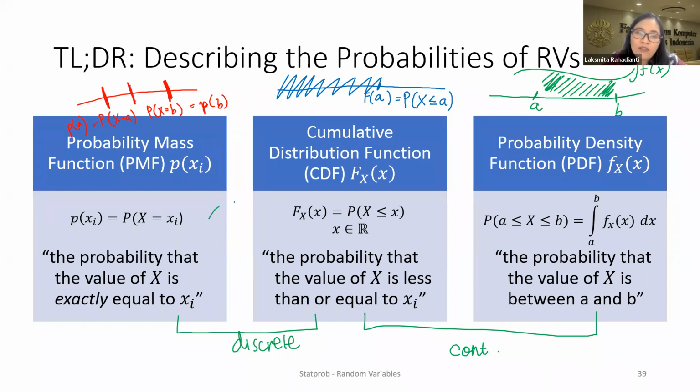I can convert between these two in the context of discrete random variables, and I can also convert between these two in the context of continuous random variables. TLDR, these are the three functions that we now know we can use to denote our distributions of random variable values.